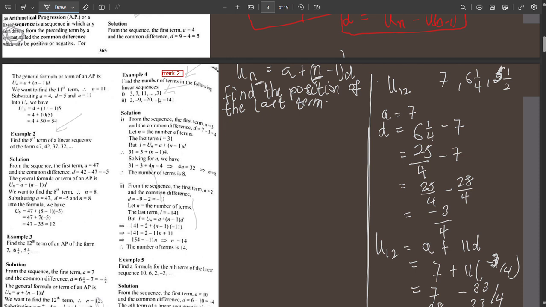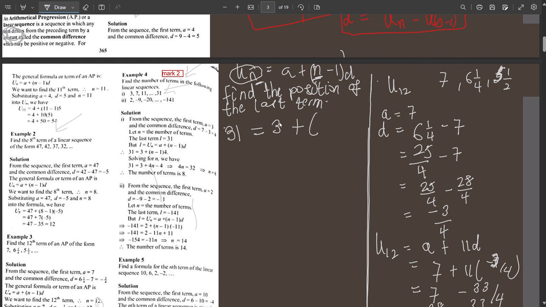So the last term here is 31. So that's u of n is 31. So 31 is equal to A. A here is 3, plus n.